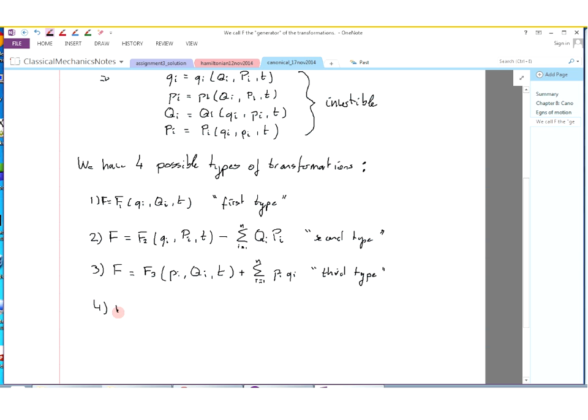And then the fourth type are the ones that have f equals a function f4, but now mixes the little pi with the big Pi and t. And this one has 2 sums in it. It has the sum of little pi qi, and it has the sum of capital Qi, capital Pi. And we call that the fourth type.